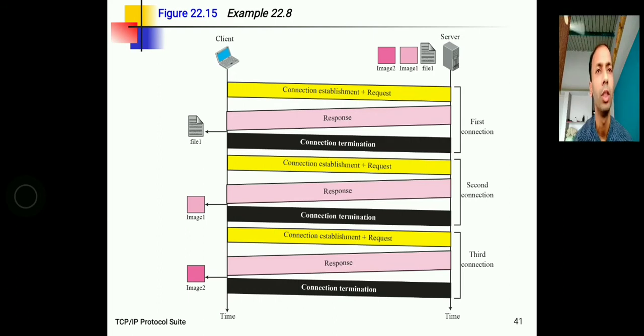So your HTTP version 1.0 by default supports the non-persistent connection. It involves lots of interaction, and it is an overhead on the server, because the server has to start the slow start procedure every time for completing the request, generating the response, and sending it to the client.